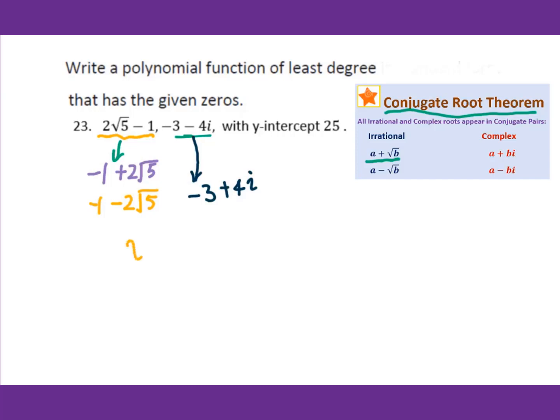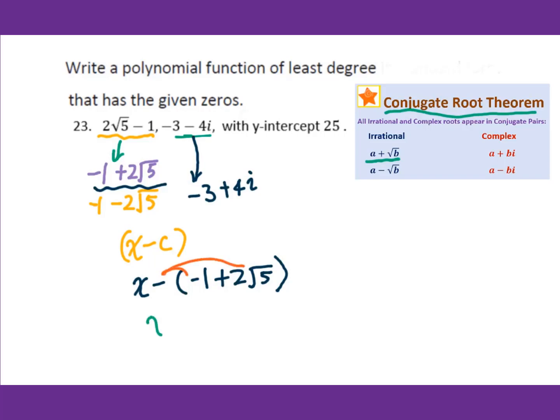We know the factor form is always x minus c. For negative 1 plus 2 square root of 5, you have to write down x minus negative 1 plus 2 square root of 5. After we did a distributive property, you will get x plus 1 minus 2 square root of 5.